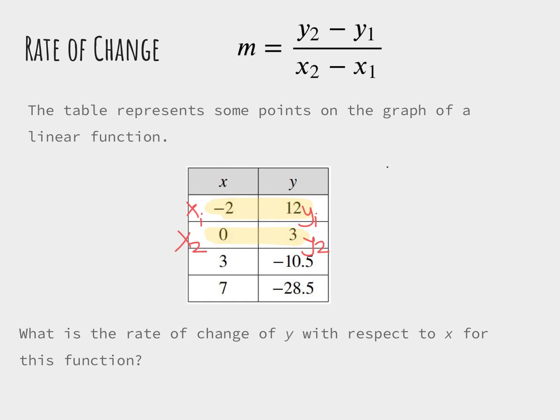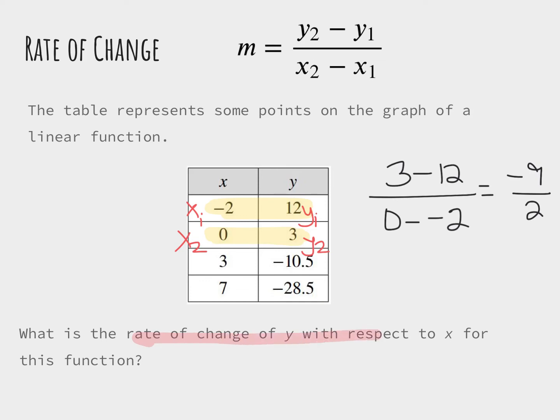So on the top, I have 3 minus 12, and on the denominator, I have 0 minus negative 2. So look where those numbers came from. I now have negative 9 over 2, which I can leave like that. If I reduce it, I do get negative 4.5. So my rate of change of y with respect to x is negative 9 over 2.